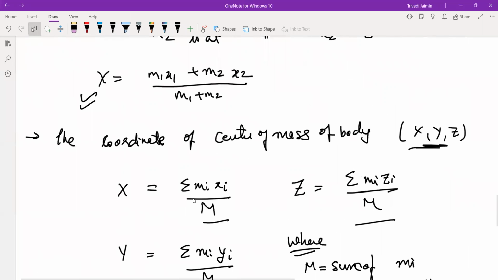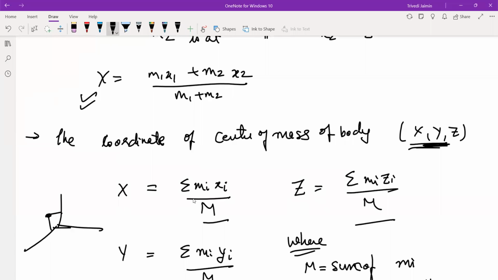We have all these three directions, right? So there will be a point for this one, and the height will be here. Each point will be somewhere here.